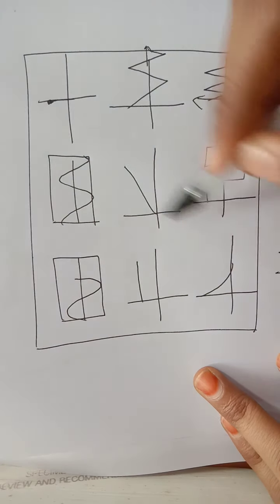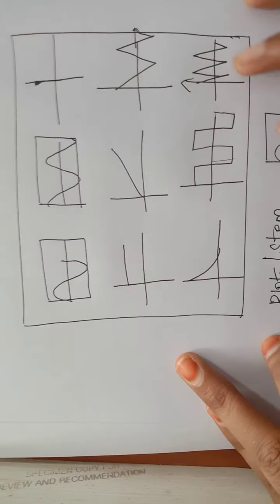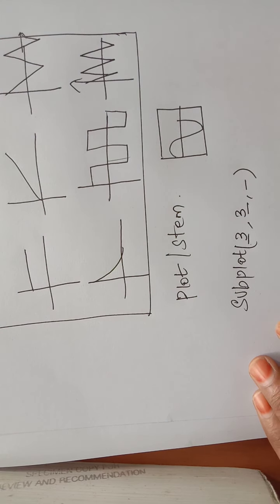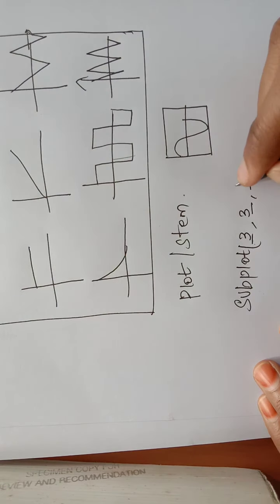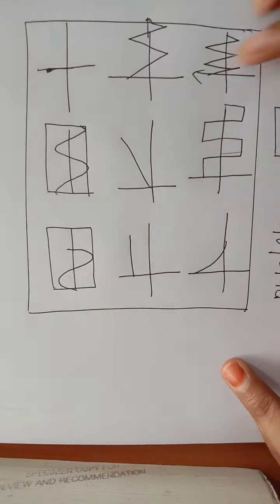See how many rows and how many columns you have. You have 3 rows and 3 columns. So in subplot you have to write 3 rows and 3 columns. The first index is 1. If I use this subplot before the plot function of a sine waveform, I get this waveform. Understood?